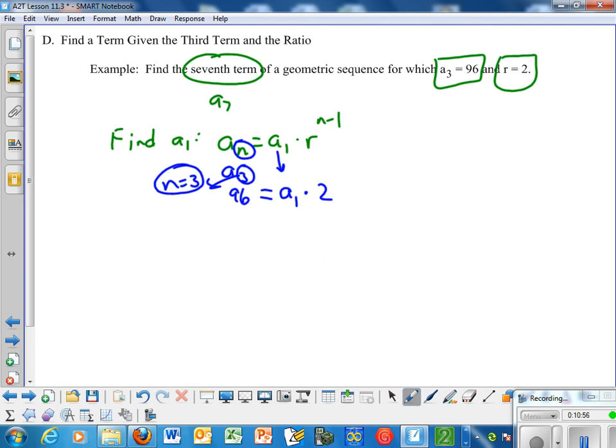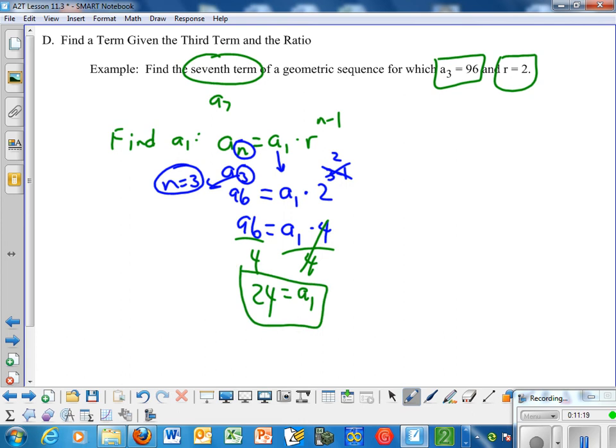So we do 2 to the 3 minus 1 power, which is 2 squared. Solving for A1 algebraically, 2 squared is 4, so I have 96 equals A1 times 4. I'm going to divide by 4. So A1 is 24. I used the nth term formula for geometric sequences, worked back, and found A1.